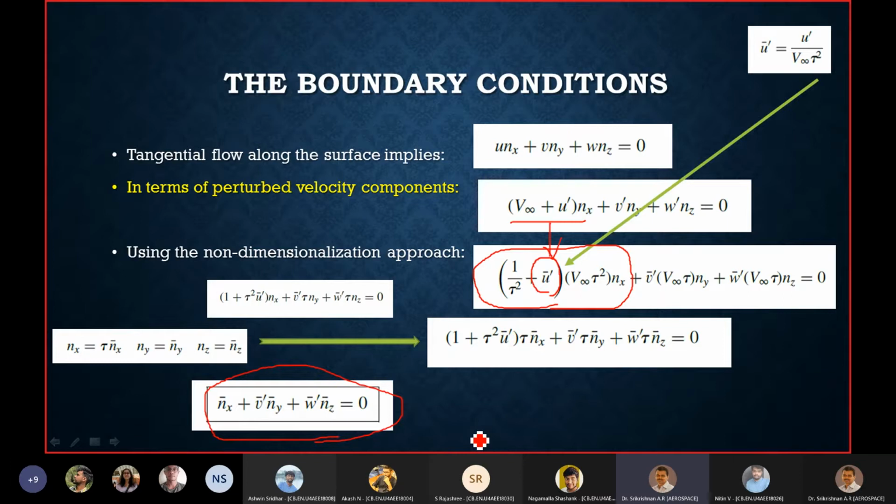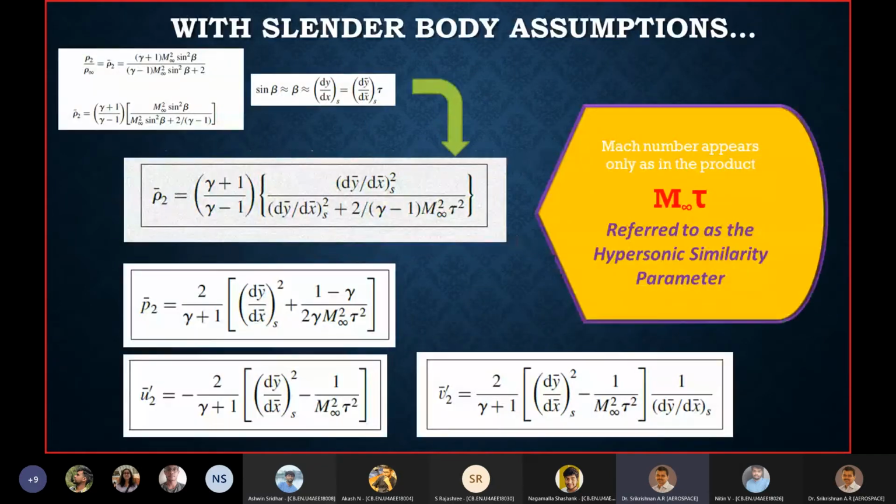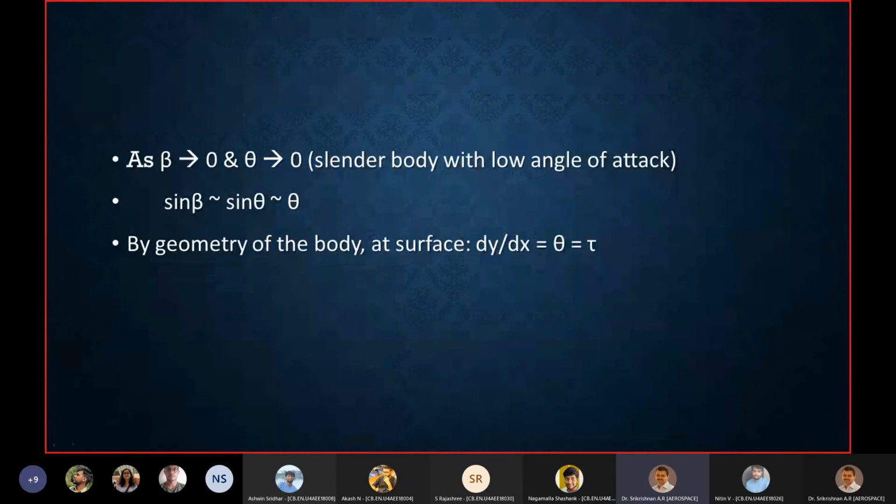So we have the boundary conditions for the velocity components now, non-dimensionalized as well as written in perturbation form, consistently with the way that we have non-dimensionalized the equations also.